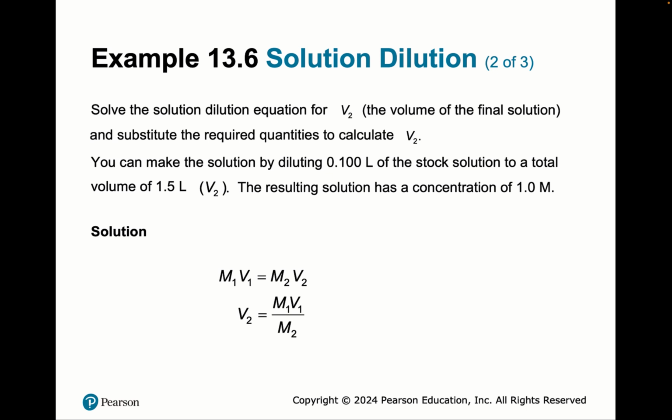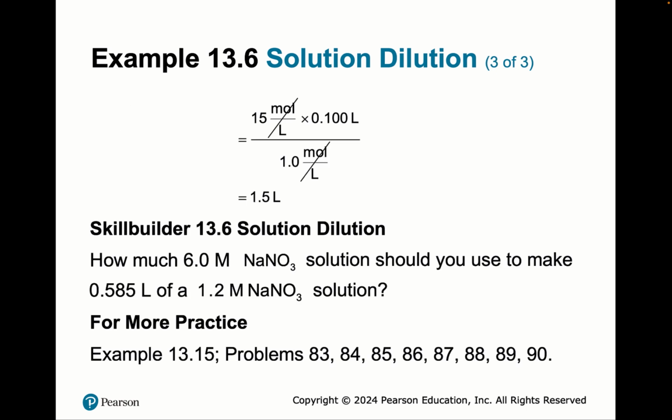Solving for the second volume, one equation, one unknown, put in the terms, and you get 1.5 liters. Which means you put the 15 molar solution into a 1.5 liter volumetric flask, or if you don't have that, you can use a 1 liter flask and fill it twice, or use 3.5 liter containers. You fill it up to the line.